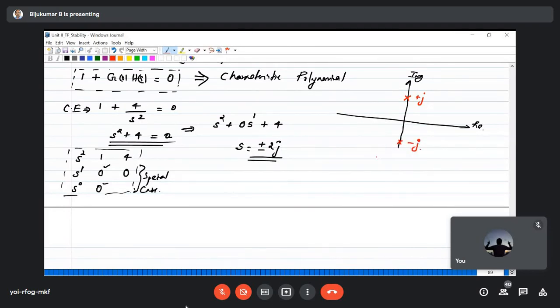plus j and minus j. We already saw that if the poles are on the imaginary axis, it will be an undamped system, or which kind of system? If the poles are purely imaginary, what is the nature of the system? Is it critically damped or undamped or underdamped?